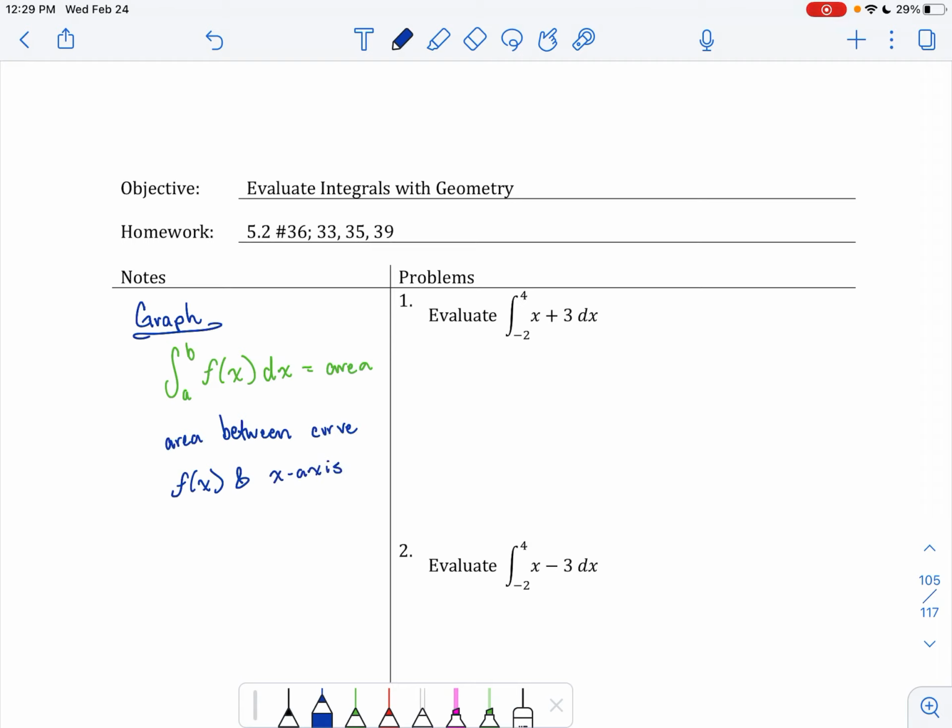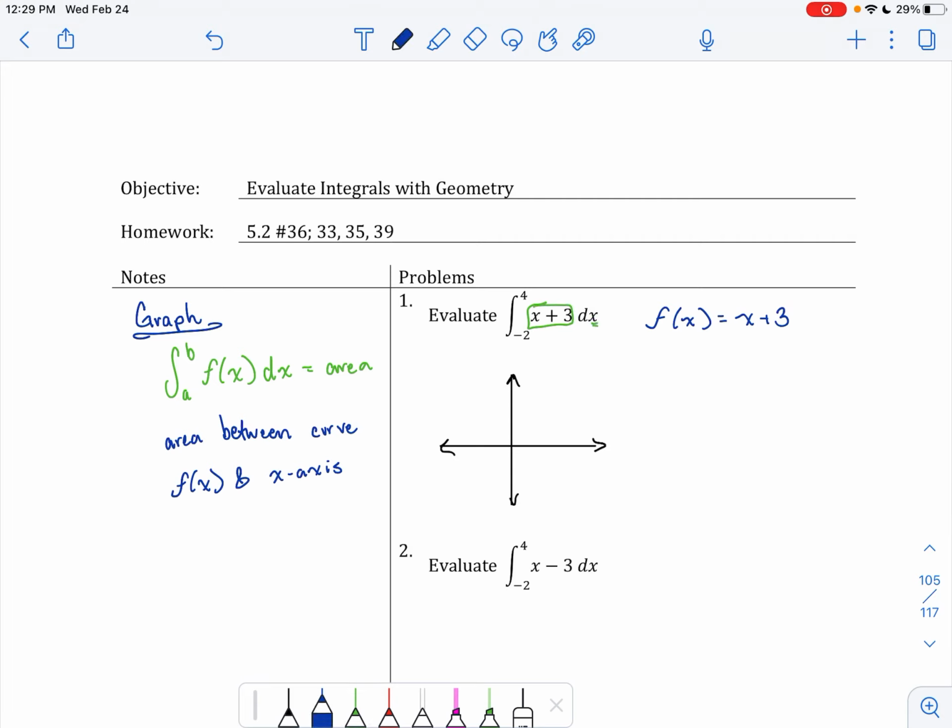So if we're looking at our graph here, I'm going to start by saying, all right, here's my axes. And my function here is x plus 3. These are the bounds of our integral. Our function is just the part here, and we're dealing with the x-axis.